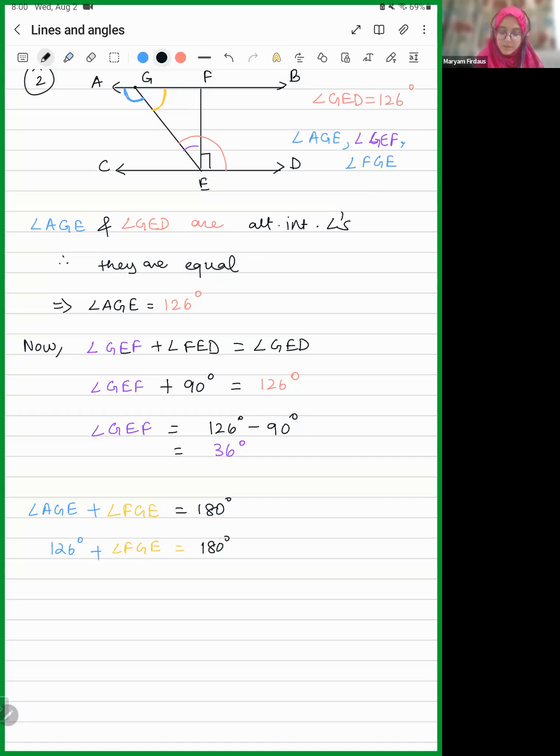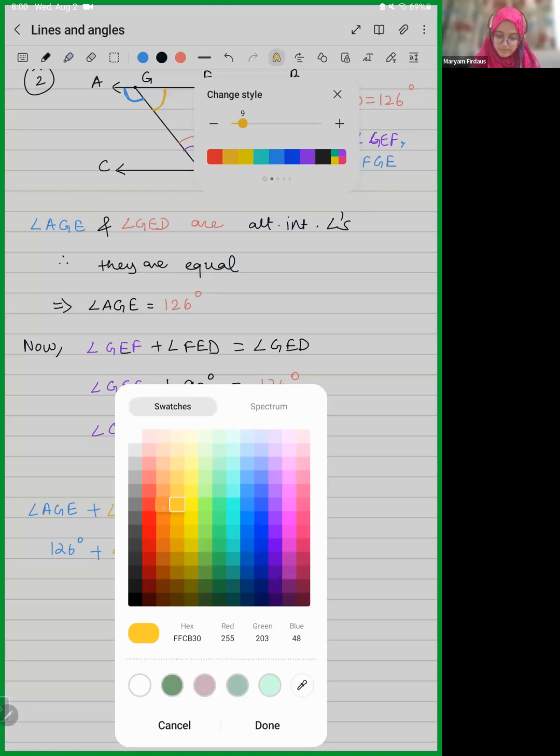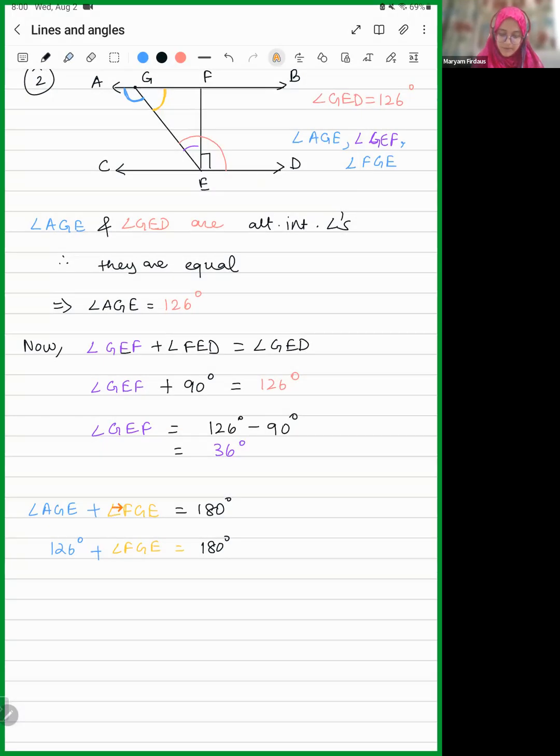Then what is angle FGE come out to be? 180 minus 126. Yes. So angle FGE is 180 minus 126, and that is 34 degrees. Is that okay? Yes, ma'am.